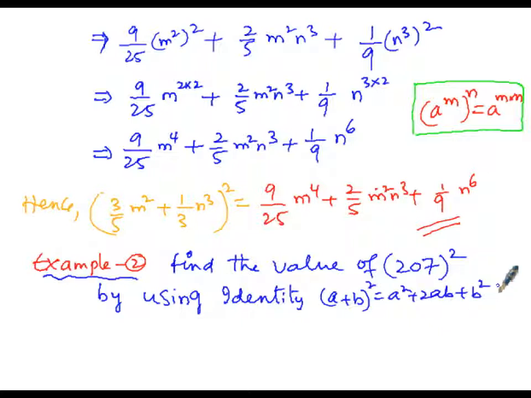By utilizing this identity, we have to find out the value of 207 whole square.